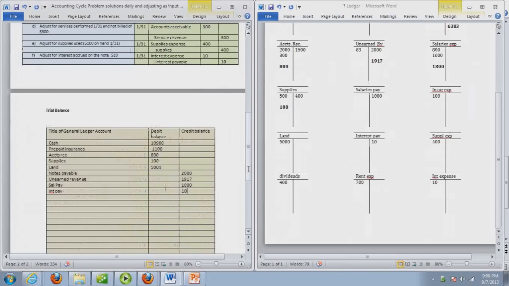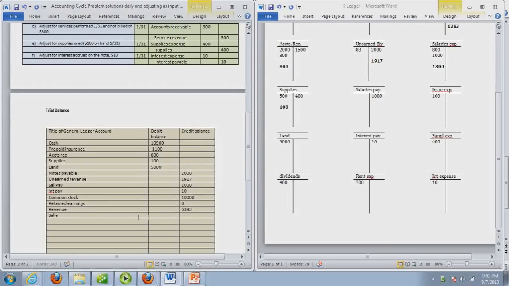Okay, so 10,000 for common stock, and that way we have all the balance sheet accounts together. Easier to do with statements later. We don't have retained earnings yet, but I'm going to actually type that in so we remember that it's going to be a balance that will show up soon enough. And then revenue, credit balance of 6383.